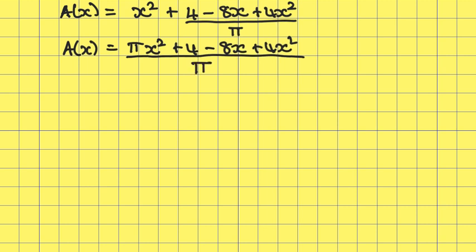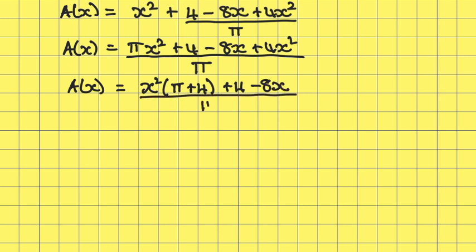We have 2 terms with x squared, so I'm going to factorize that out. So I get A of x is equal to x squared, pi plus 4, plus 4 minus 8x all over pi.